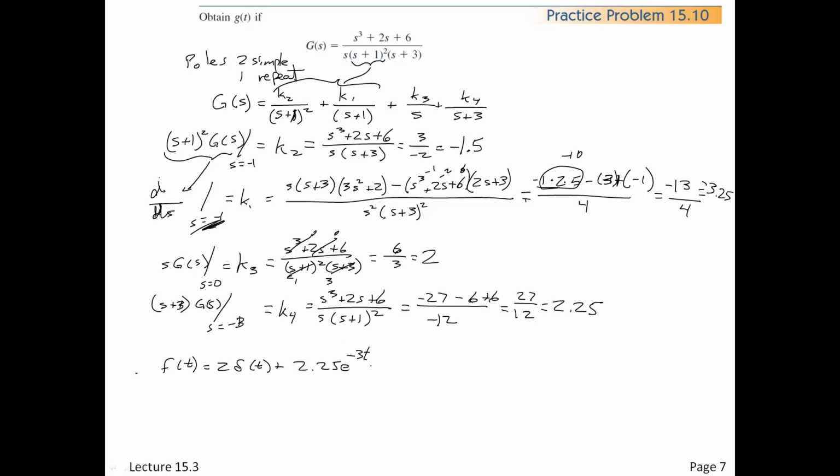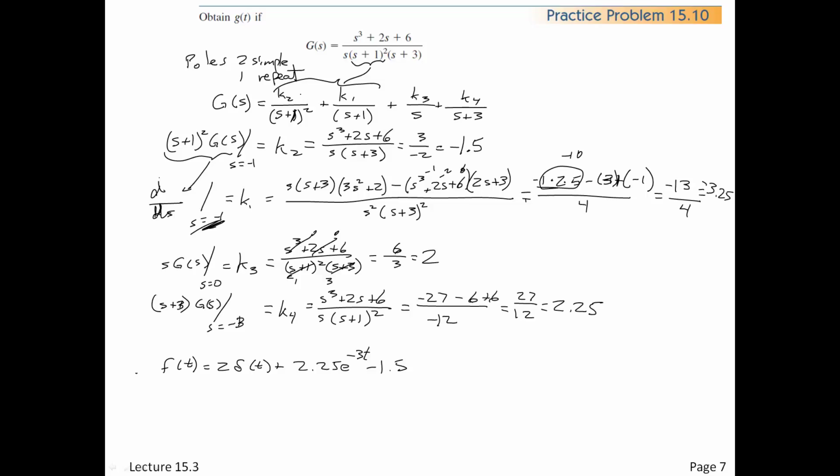All right, and then I've got, looks like I've got minus 1.5. Yeah, minus 1.5. And we've got minus 1.5. Now, what was K2 over?